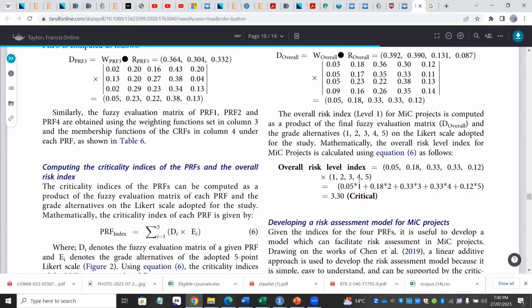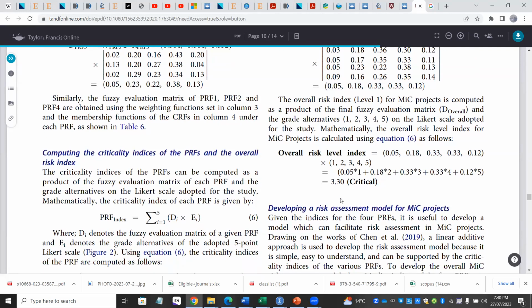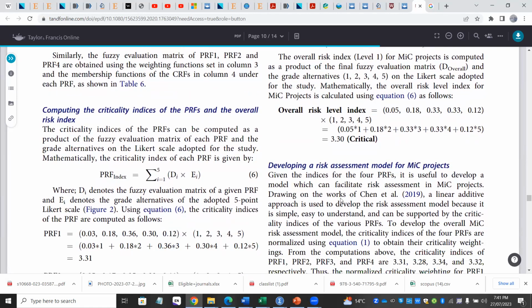Once you multiply them and add them, you get the overall figure. So here, when he did that, he got 3.30.